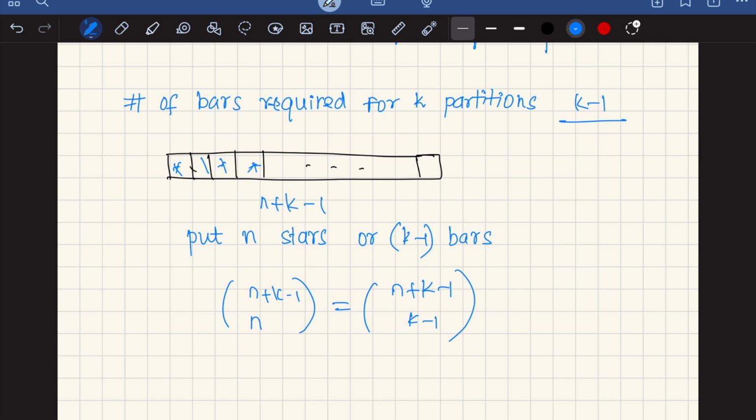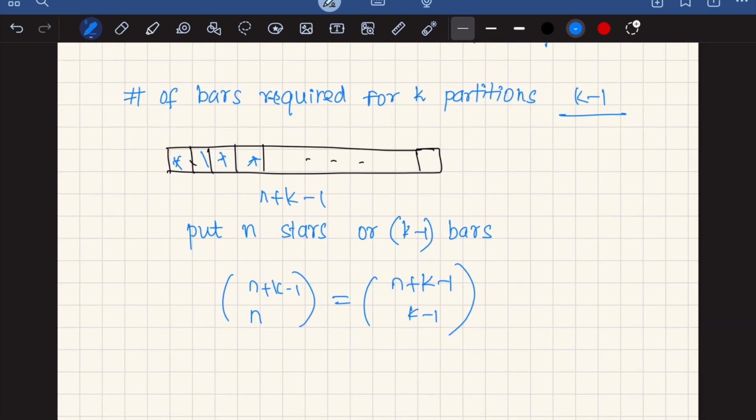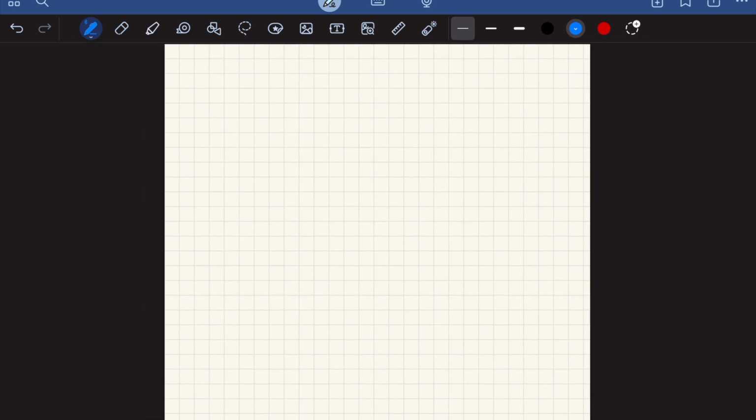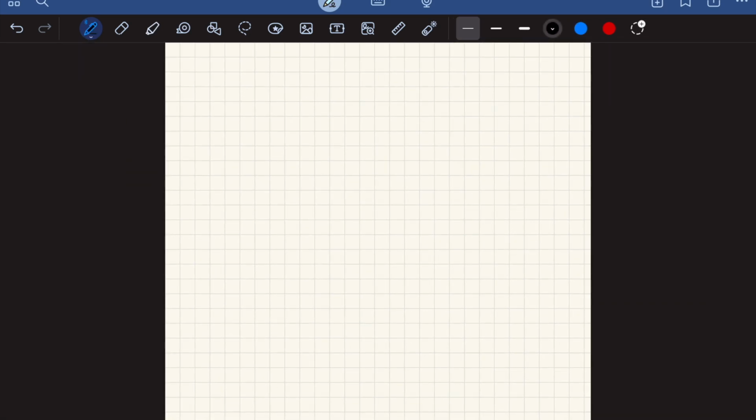So in this case, you have 8 fruits. You want to pick 8 fruits, and you want to choose how many of them are apples, how many are pears, and so on.